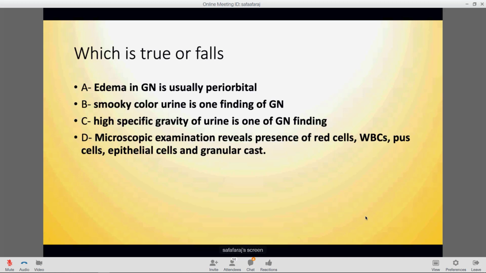True, high concentration. D. Microscopic examination reveals presence of red cells, white blood cells, epithelial cells, and granular casts. True. Okay. Thank you, Doctor.